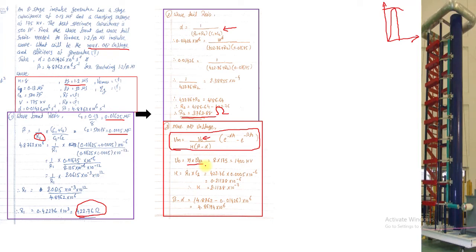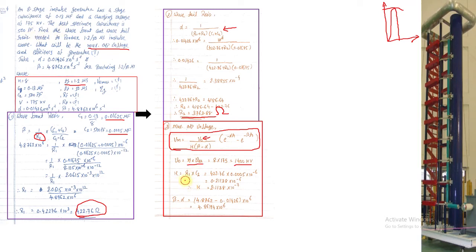So the actual voltage of the generator is always somewhat lower as compared to the expected one. So in our case the expected value is 1400 kilovolt. Now let us see what will be the maximum voltage value that we are getting from this impulse voltage generator.